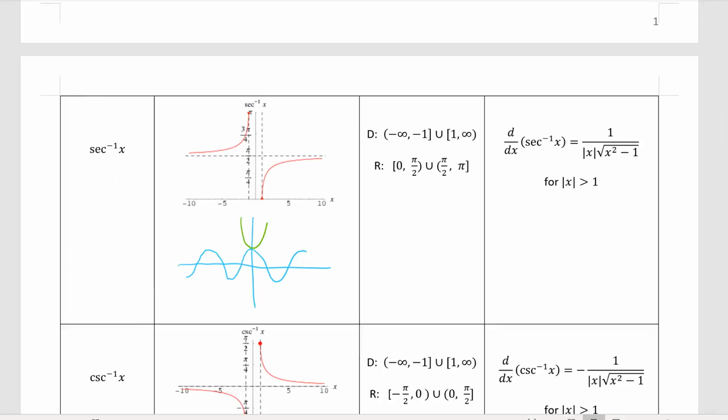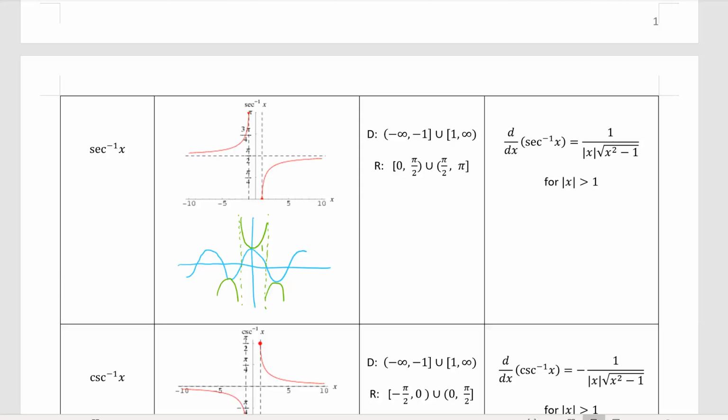So 1 over 1 is 1, 1 over 0 minus is minus infinity, 1 over 0 plus is infinity. So the picture is like this. Whenever the cosine is 0, you get a vertical asymptote for the secant.